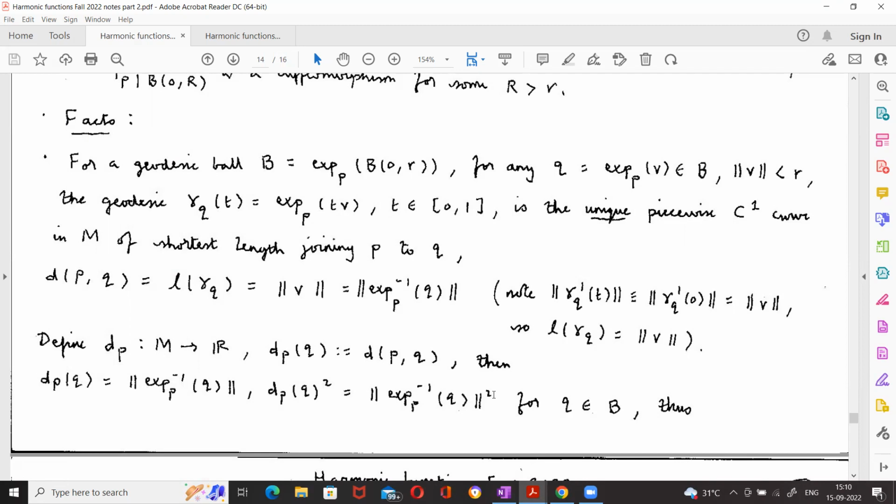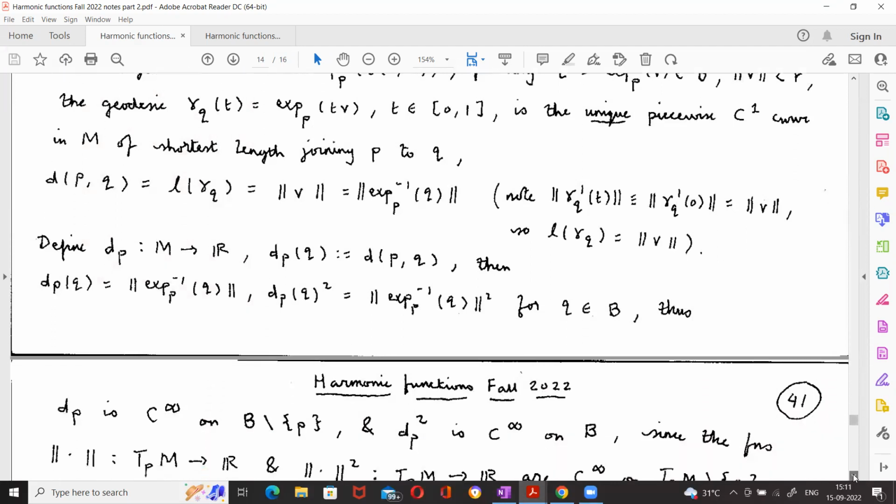Because the Euclidean norm on Rn is smooth outside the origin, d_P will be smooth on the geodesic ball minus the point P, because P corresponds to the origin under the inverse of the exponential. Is this clear? The norm squared, on the other hand, is a smooth function on all of Rn. So therefore, d_P squared will be C infinity on the whole ball. Is it clear?